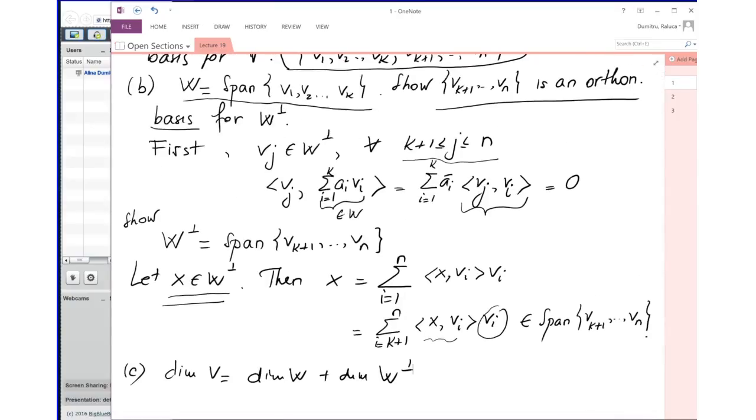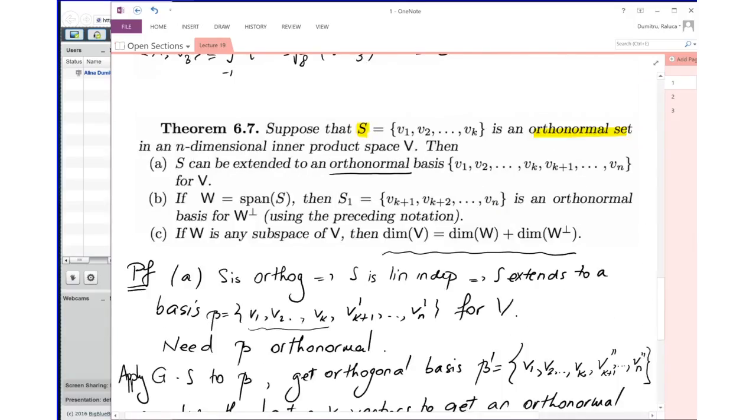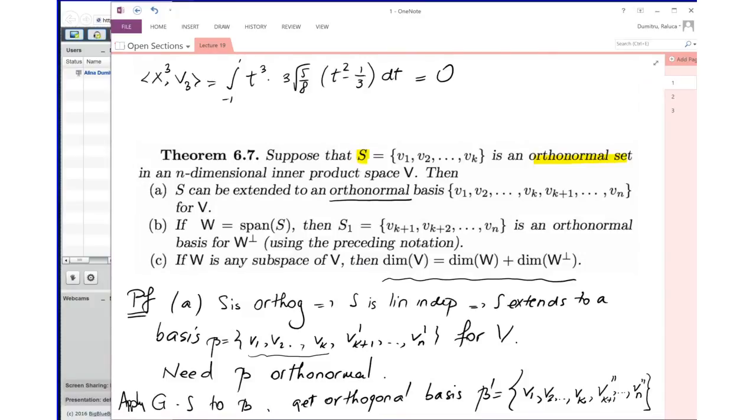Well, if you look back at part B, and the setting that we have here, so W is the span of S, so what dimension does W have? And then S1 is an orthonormal basis for W perp. What dimension does W perp have?